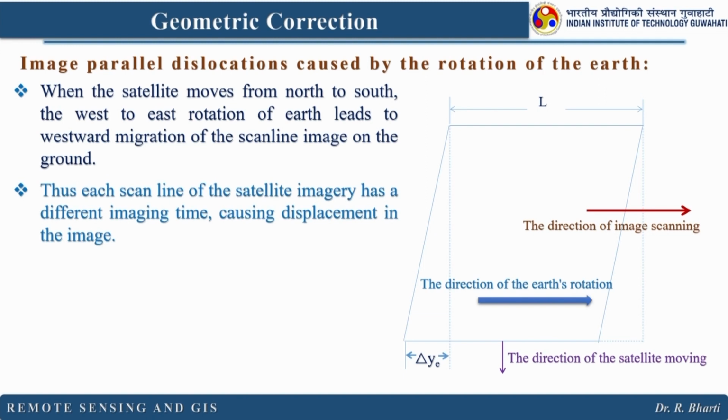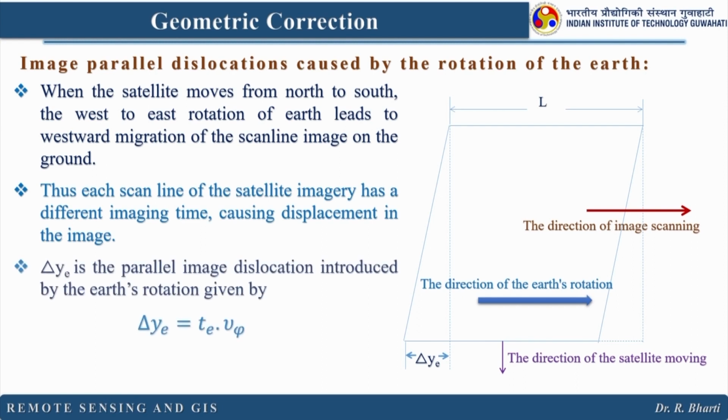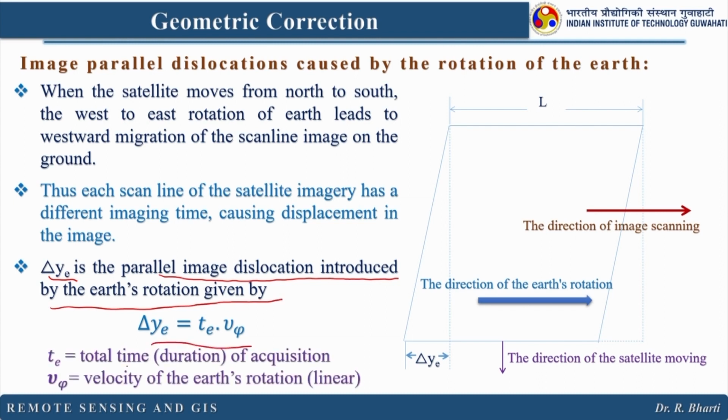Thus each scan line of the satellite imagery has a different imaging time, causing displacement in the image. And this is the parallel image dislocation introduced by the earth rotation, given by this equation, where the total time of acquisition and the velocity of the earth rotation are used, and we assume here linear.